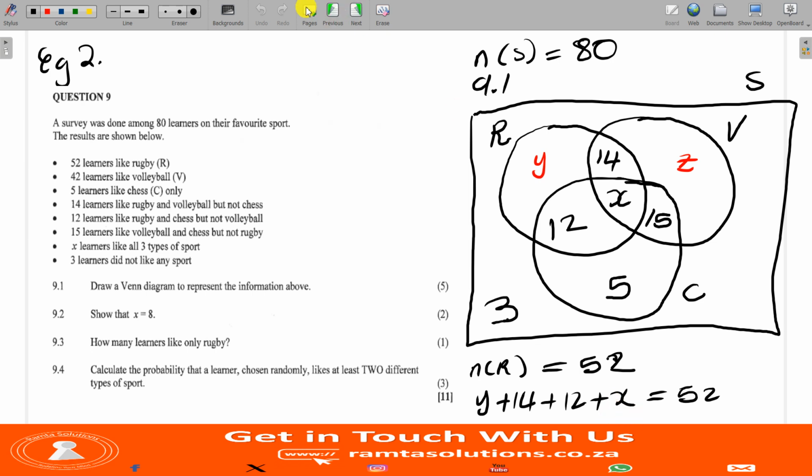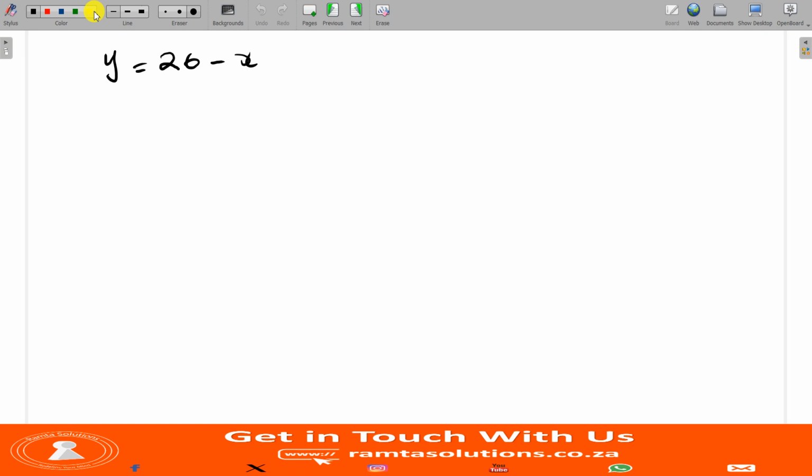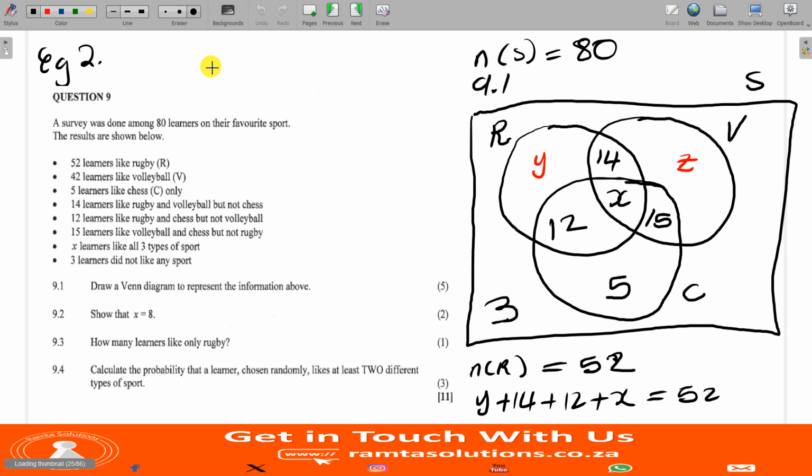Let me take it slowly: 52 minus 14 minus 12 minus X. So this is 26 minus X. Now this part here, we will call this Y, which is 26 minus X.